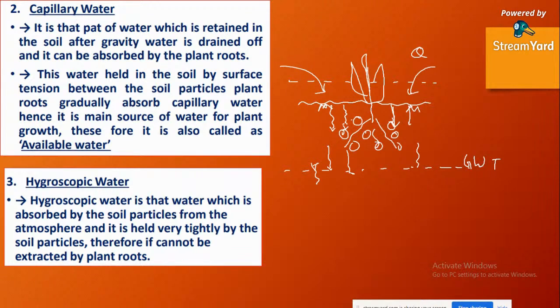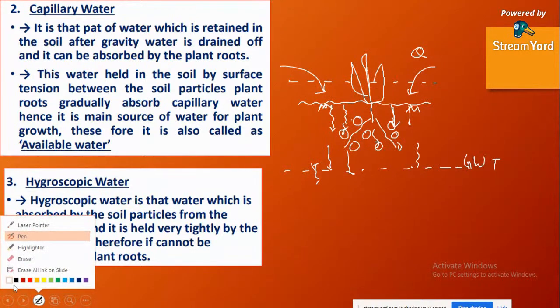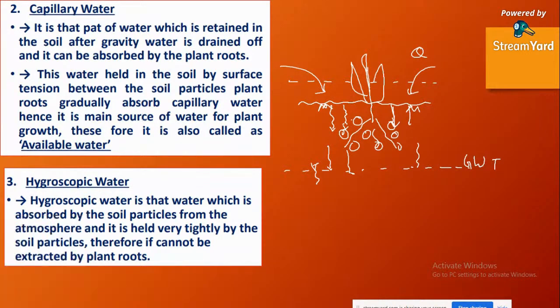It is that part of the water which is retained in the soil after gravity water is drained off, and it is actually absorbed by the plant roots. Means the plant utilizes this part of the water for its nourishment and growth.